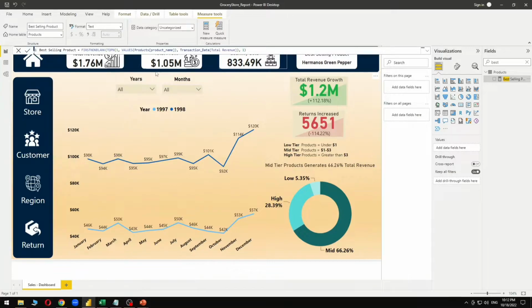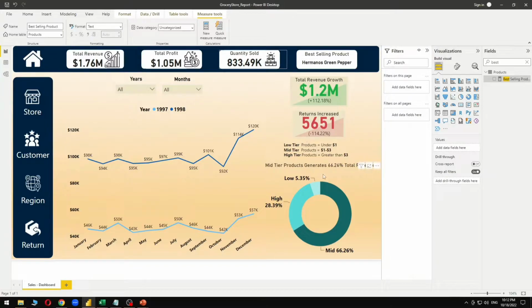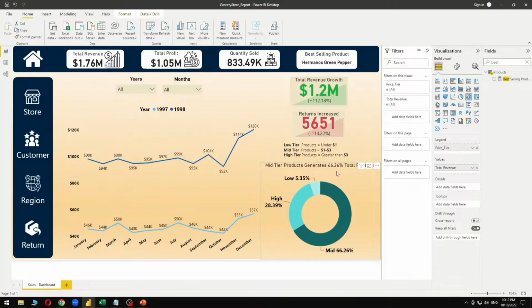Okay, so after that let's come to this one. As you can see, we have categorized our products into three categories: under $1 products, between $1 to $3 products, that is mid-tier products, and the third one is greater than $3 products.